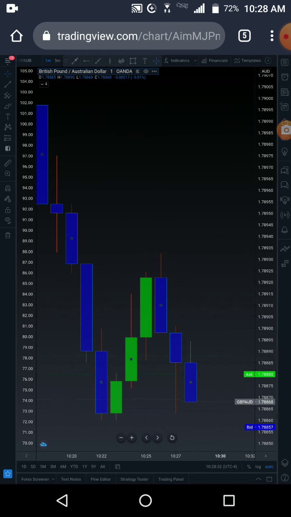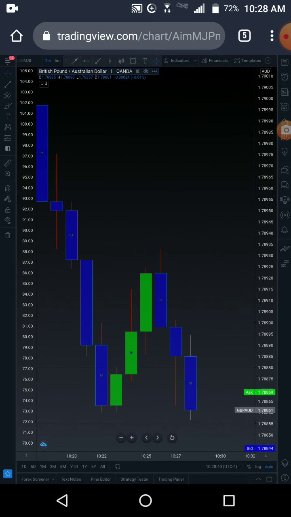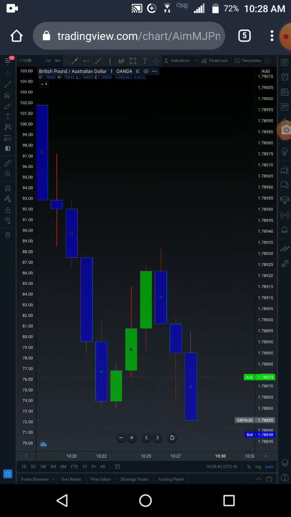But one problem and one challenge that you might face is when a broker or a data provider is providing any type of spread fixing that is pre-programmed.